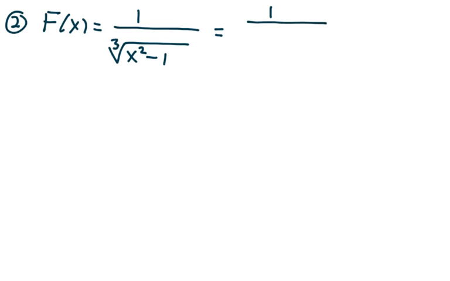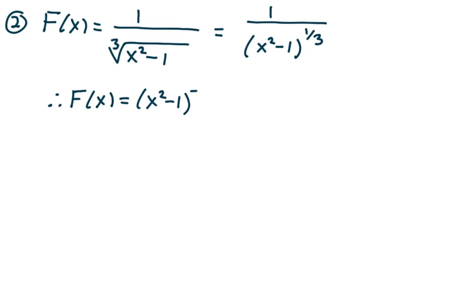I can write this as 1 over (x squared minus 1) raised to the 1/3 power. And I claim we can go a little bit further than that. So I claim capital F of x is equal to (x squared minus 1) raised to the negative 1/3 power.